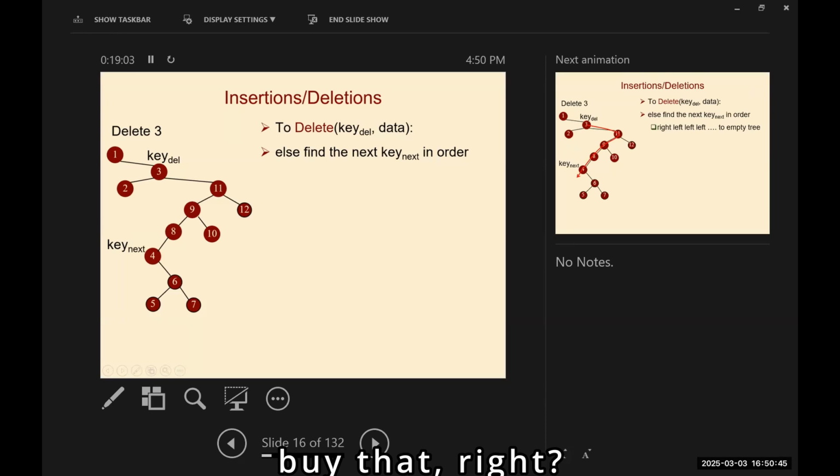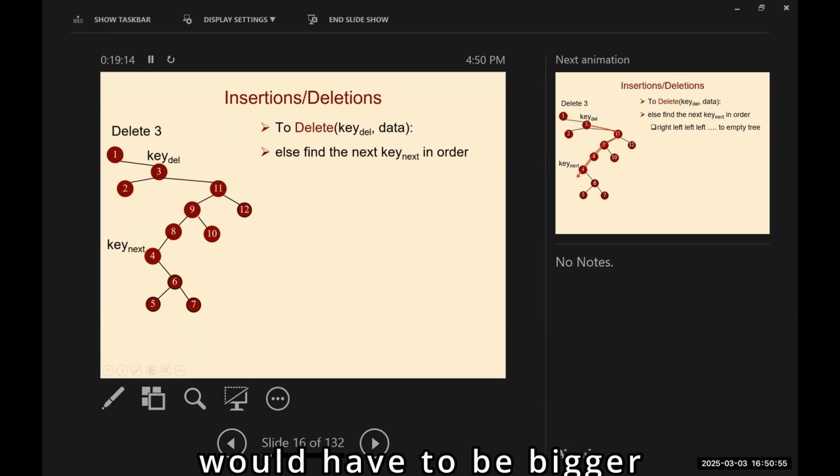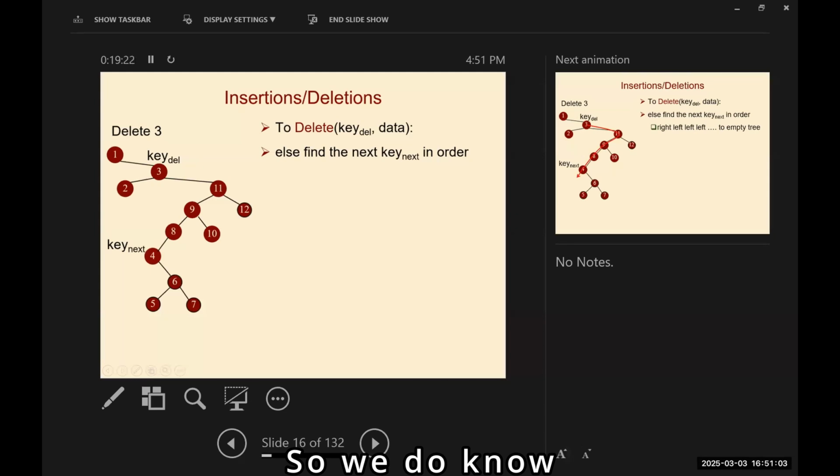Can you kind of buy that, right? Now 1 is smaller, but suppose this tree went this way, right? Then this root here would have to be bigger than all of these guys, right? It would have to be 13, and then these would have to be even bigger. So we do know that the next guy is over here, right?